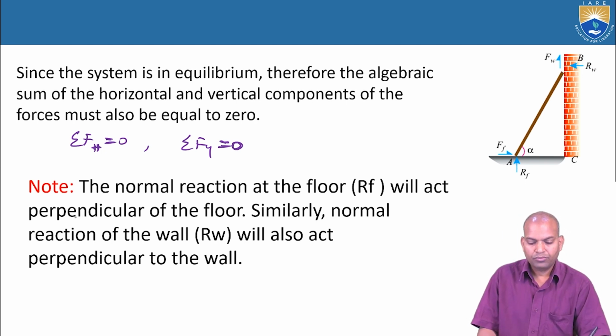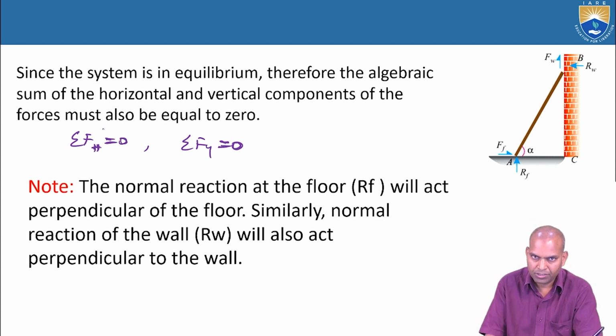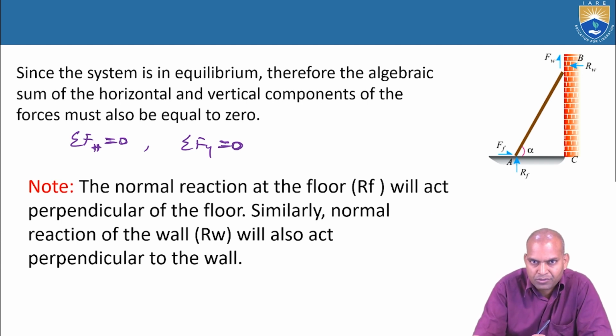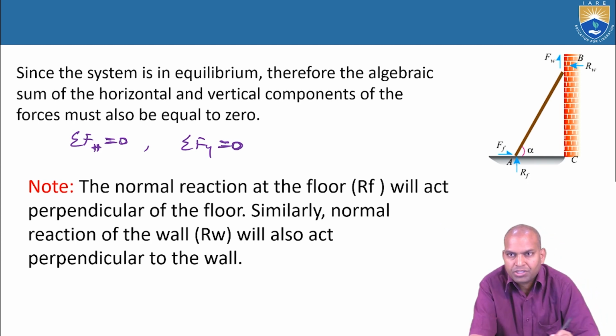Now we have to use these two equilibrium equations in order to calculate the coefficient of friction, frictional forces or limiting friction. One more thing here, it is a note. It describes the normal reaction at point A and point B. The normal reaction at the floor acts perpendicular to the floor.